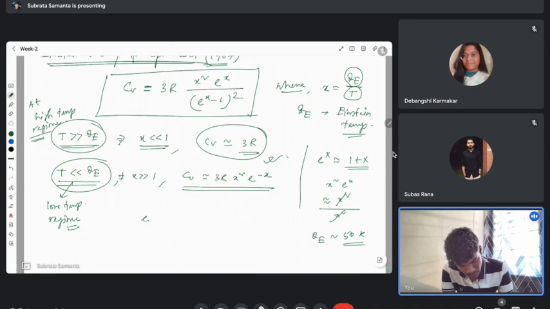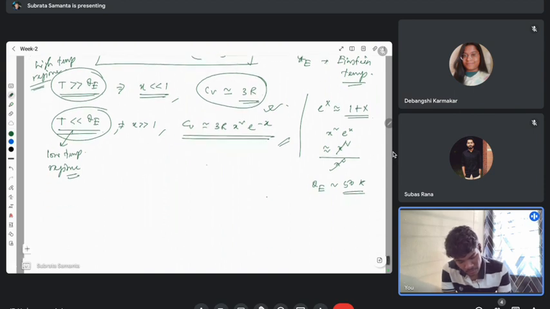And we can write x square e to the power x by e to the power 2x. So this gives x square e to the power minus x, right? Now we put this in terms of the temperature.